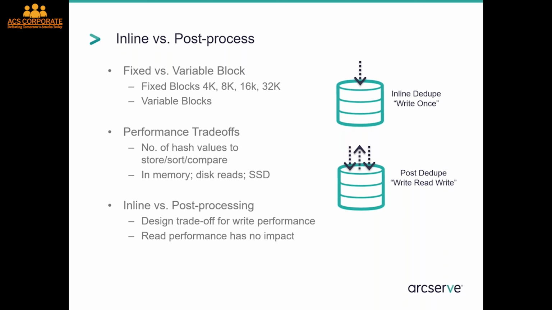Every time you buy a server now, it's probably 10 times more powerful than the server that you bought 3 or 4 years ago because processing technology has moved on. Also, the cost for random access memory is really cheap now. And even SSD storage, which we do recommend for dedupe disks, is becoming very, very affordable now.